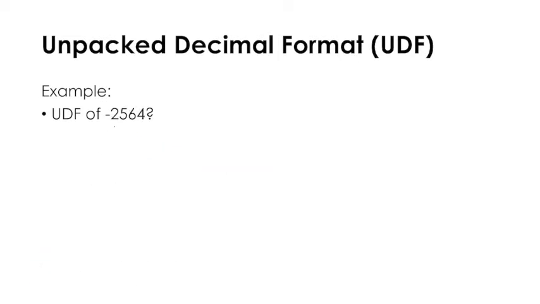Let's try the UDF of negative 2564. So we have 2, 5, 6, and again the sign is together with the last digit, negative 4. So again, zone bits first.